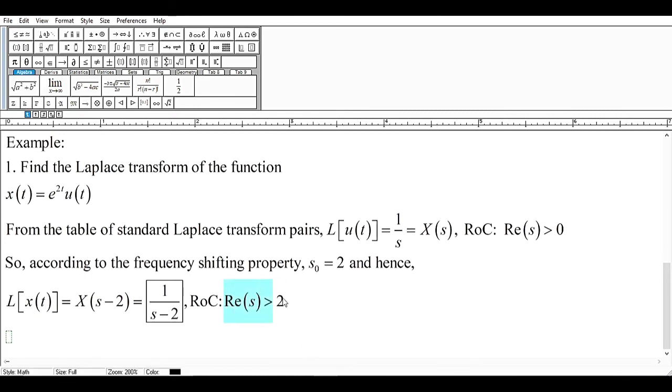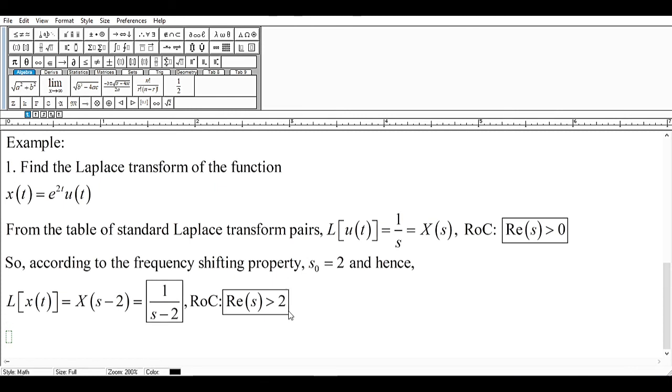So clearly, if we compare the two ROCs, the ROC has suffered a shift, and the amount of shift is equal to real of s0.